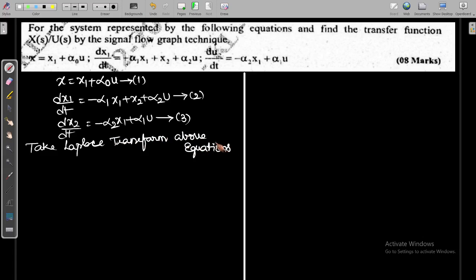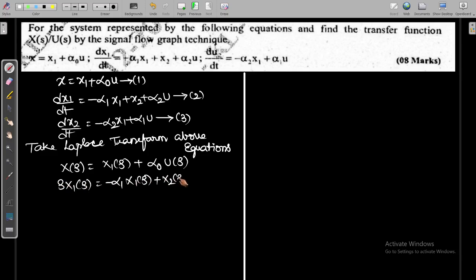Whenever you take the Laplace transform, you get X of s is equal to X1 of s plus alpha naught into U of s, and s into X1 of s is equal to minus alpha 1 into X1 of s plus X2 of s plus alpha 2 into U of s.